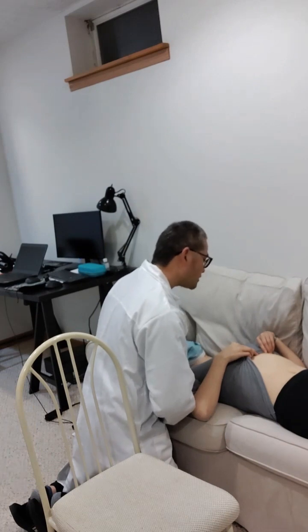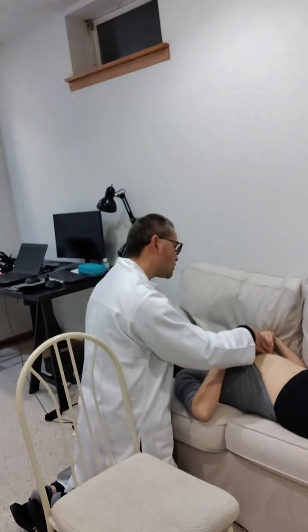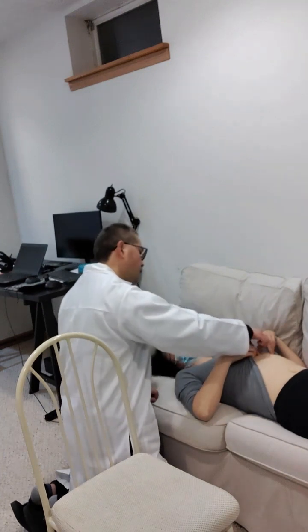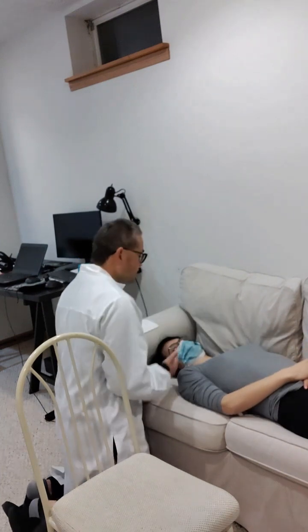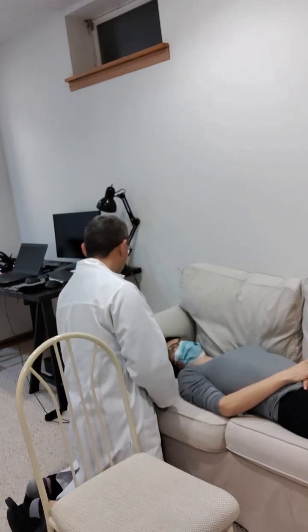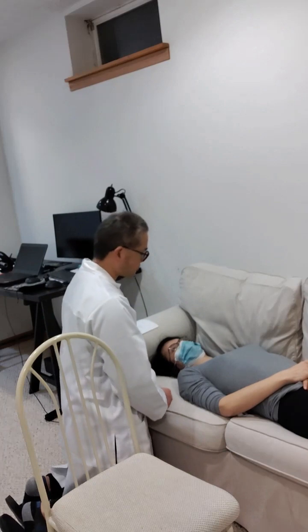All right, good. So this is the location of the apex. I can see the apical pulsation. I don't see any heaves or lifts. Good.